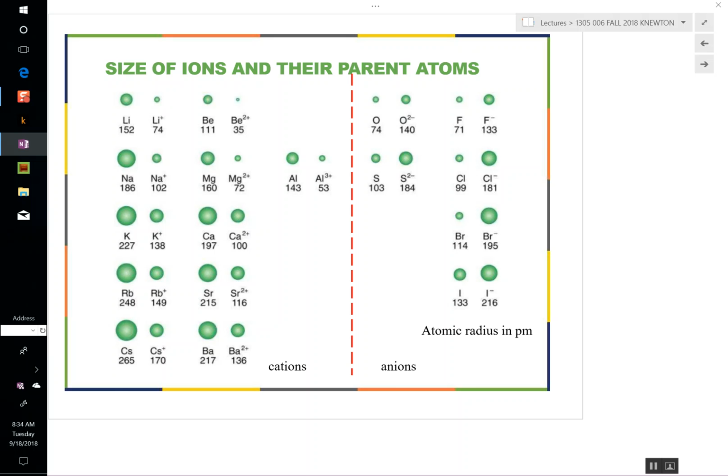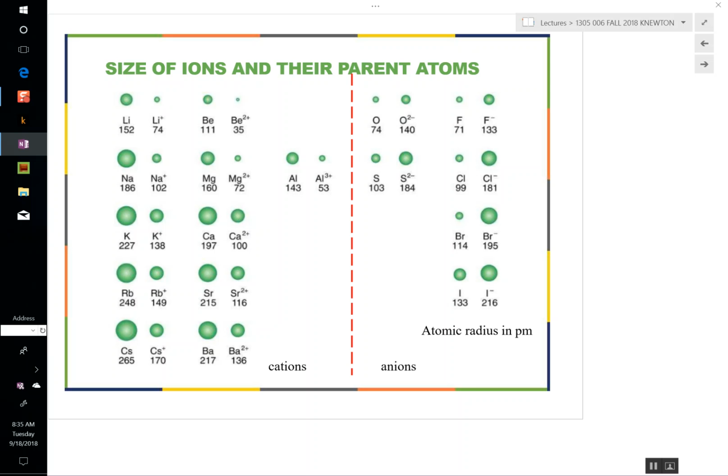It lost all the electrons in the third energy level. Boom, they're gone. So now everything's in the second energy level, and the sodium ion is a lot smaller than the sodium atom. Potassium ion, smaller than the potassium atom. Rubidium, smaller. Cesium, smaller than the cesium atom. So, to write under this slide, just simply, the cation is smaller.